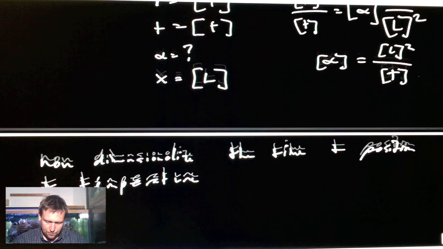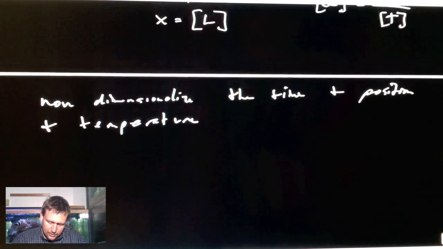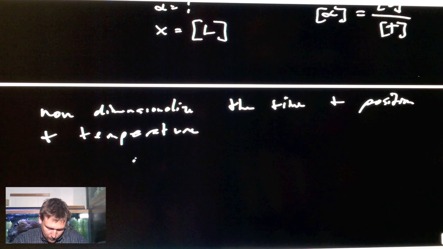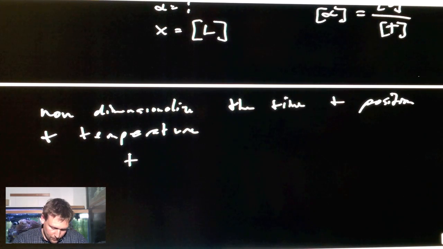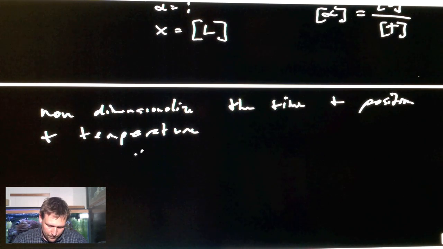So let's find time. What would be a good dimensionless unit for time? Well, let me just write down what I think would be a good variable that captures the behavior of the system and has the right units. And this is the parameter, the length squared of the system by the thermal diffusivity, alpha.